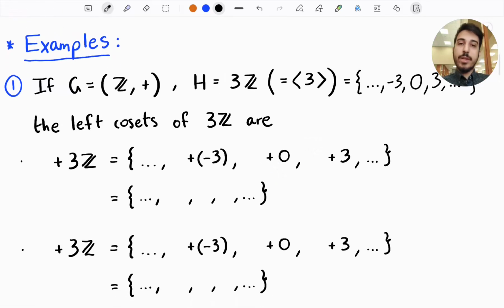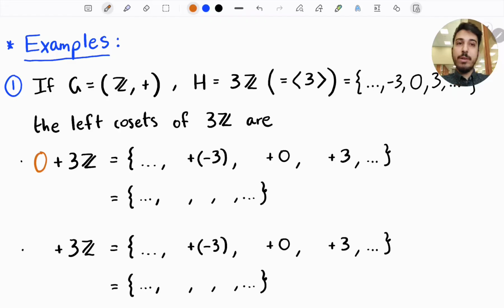To get a left coset, we need to get an element g in the group, and we need to operate it on the subgroup H. And this element, we can take it to be the identity element 0, for example, and we will add 0 to all of the elements. Remember, the operation here is addition. So gH, in our definition, would be g plus h because of the operation that we're taking.